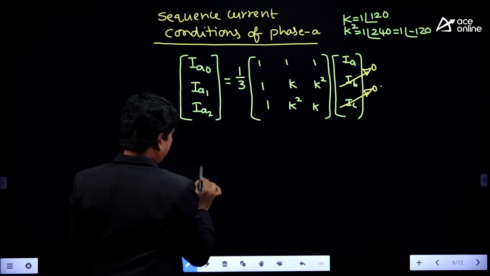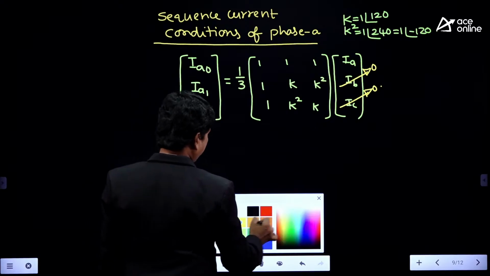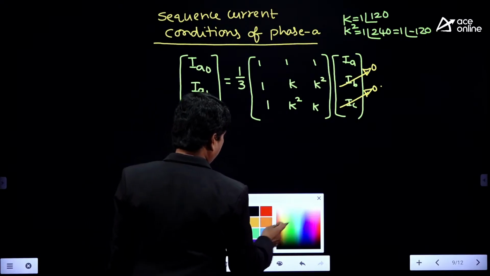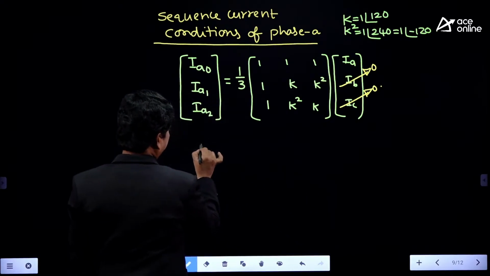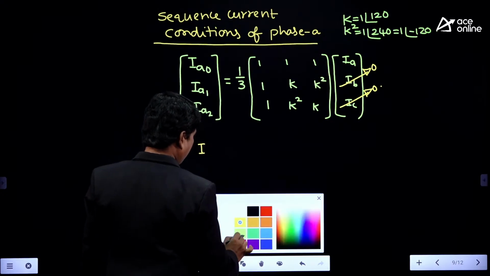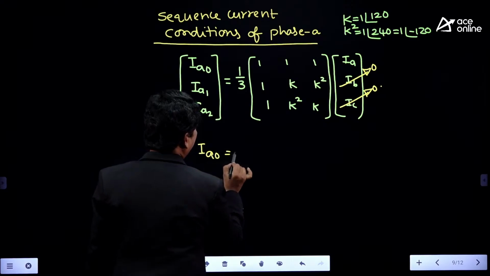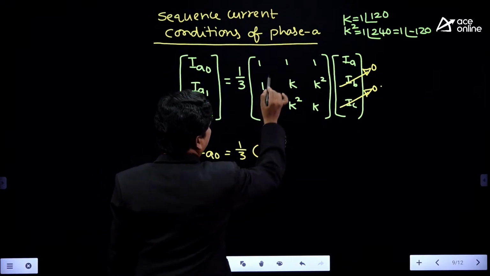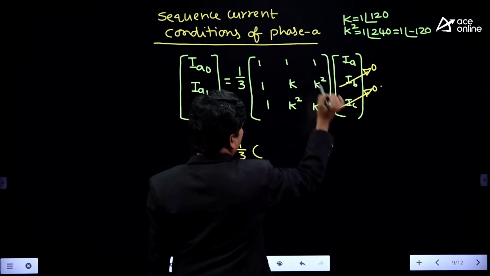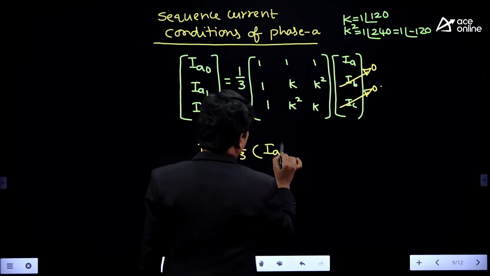Tell me, what is IA0? The value of IA0. IA0 is equivalent to 1 by 3 times of 1 into IA, 1 into 0, 1 into 0, so 1 by 3 times of IA.